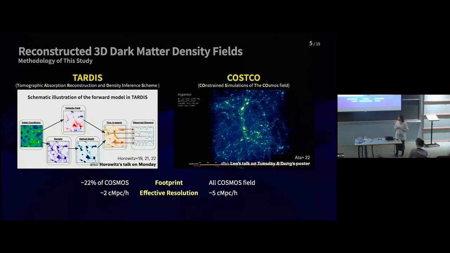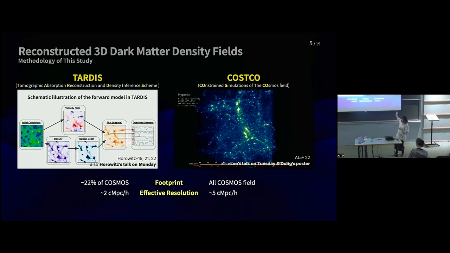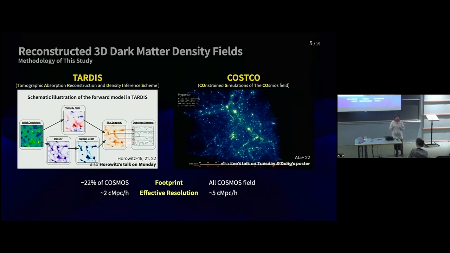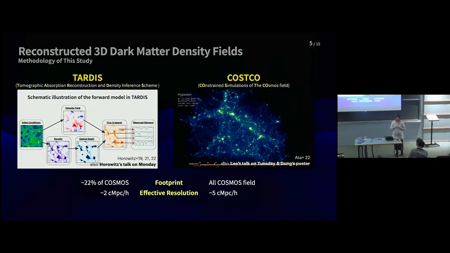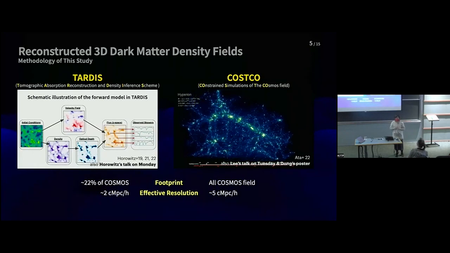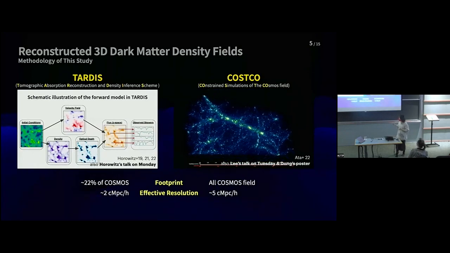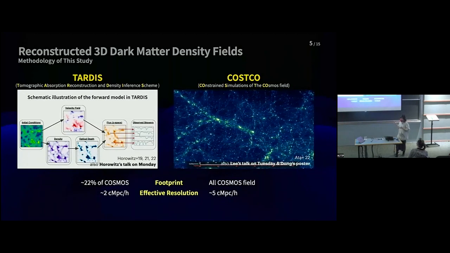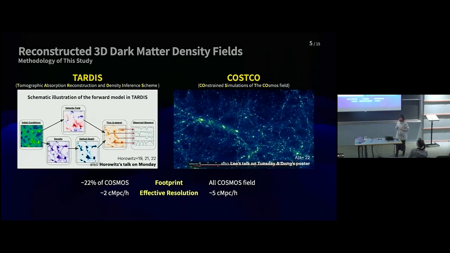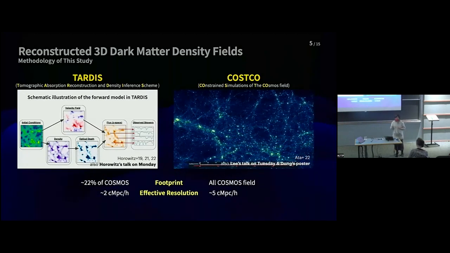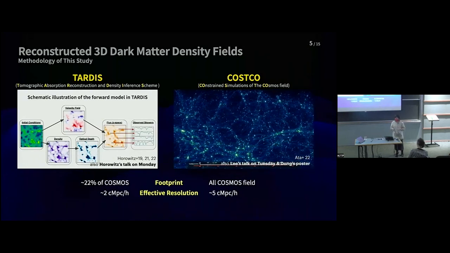In contrast, COSMO reconstructs the density field of almost the entire COSMOS field footprint. So using those two reconstructed density maps, we checked the consistency of our results.